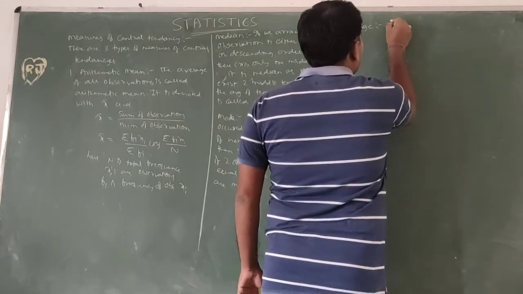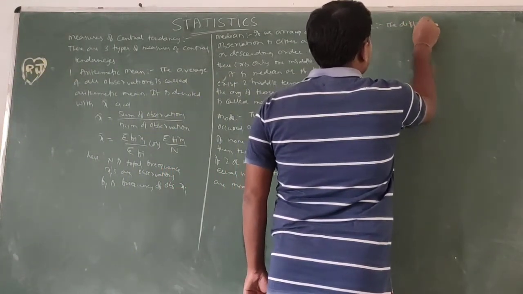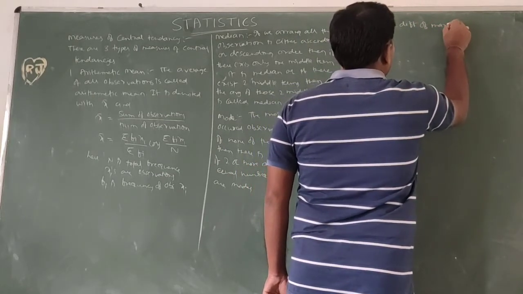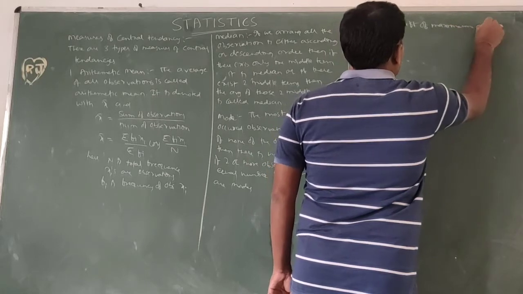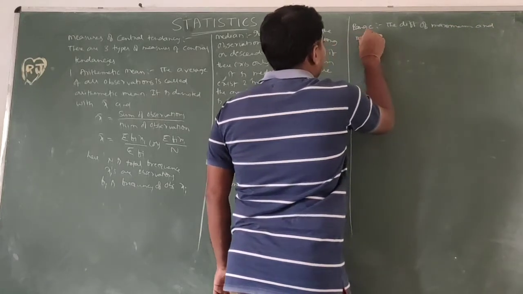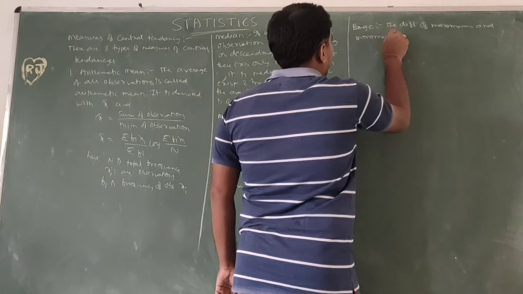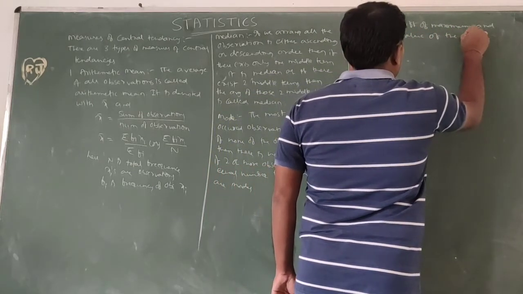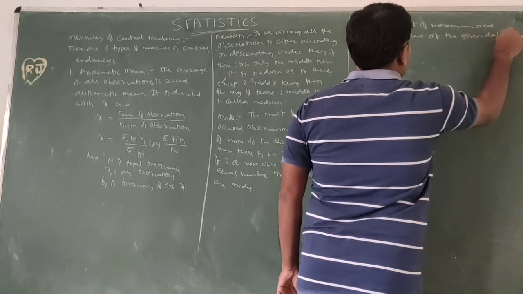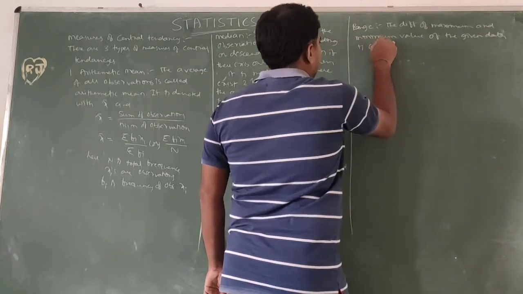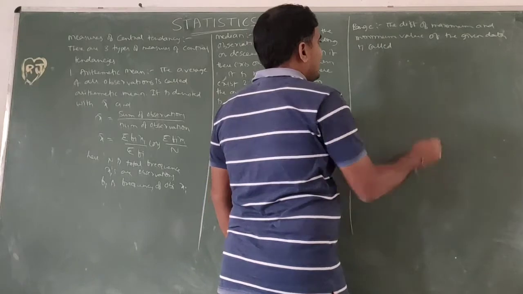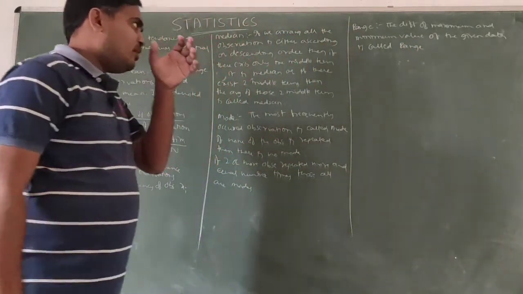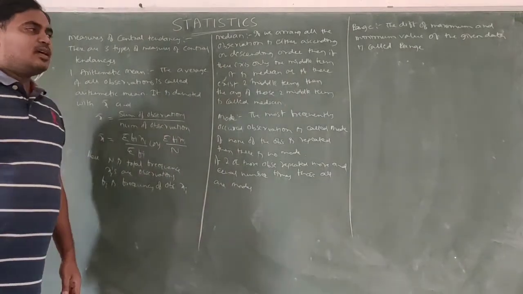So the difference of maximum and minimum value of the given data is called range. The difference between maximum and minimum value is called range.